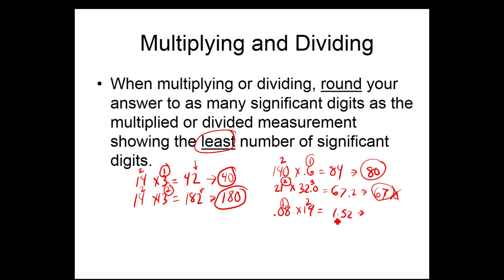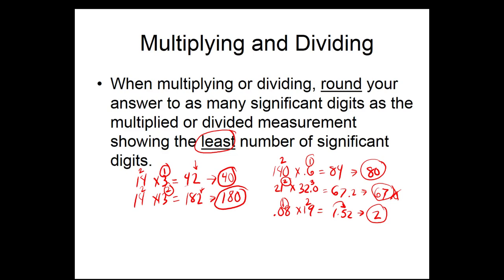So I look at that 1, and I look to the next number. Okay, that 5. Oops. Is the 5 going to make that 1 round up to a 2 or stay a 1? It's going to round it up to a 2. So someone owes me $1.52. I'm going to say, let's round it to $2. Again, I think making it sound like money makes it work just a little bit easier.